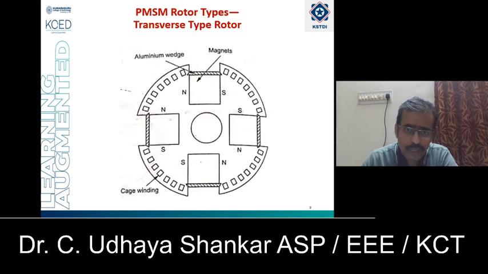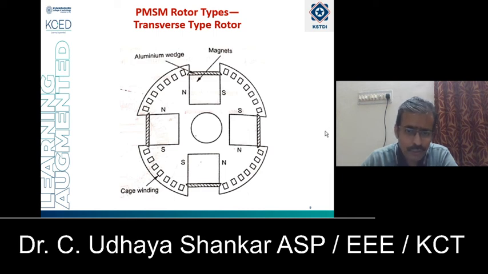And now let us discuss the last type of rotor in PMSM, that is the transverse type rotor. The permanent magnets in the rotor are generally between soft iron poles and the flux pattern is circumferential. In this type of rotor, the rectangles in the soft iron poles indicate damper bars.